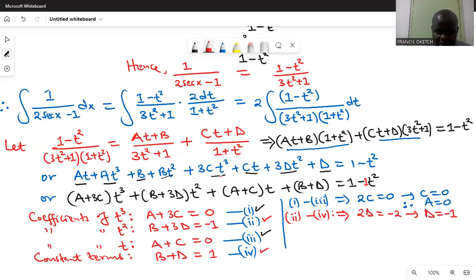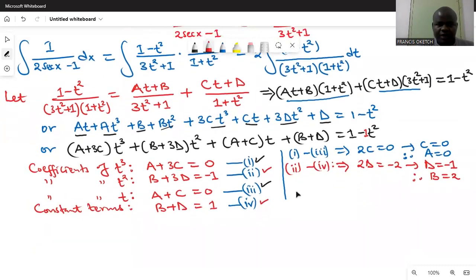When I substitute d equals negative 1 in equation 4 and make b the subject, we get b equals 2. We have now found the constants a, b, c, and d.